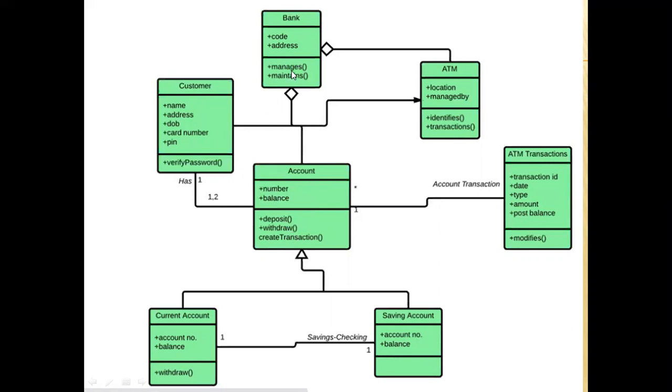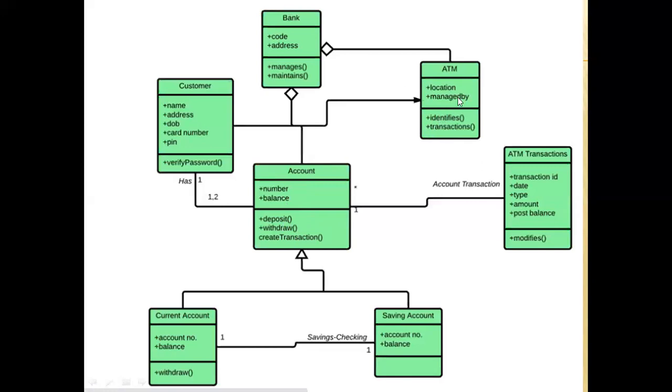Suppose bank is a thing, a customer is one person. The bank has some properties and performs some actions, and the customer performs some actions. Next, account is one object with properties and operations, that is deposit, withdraw, creation. The bank has another object, the ATM.